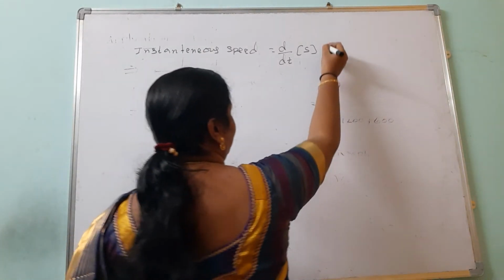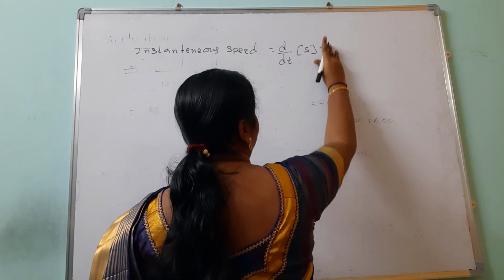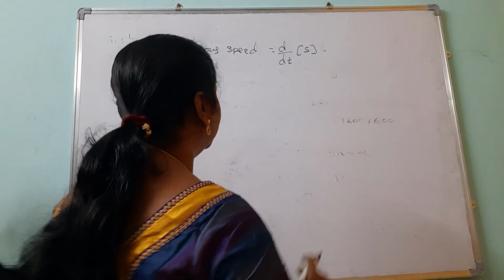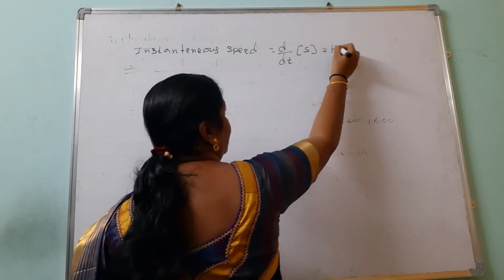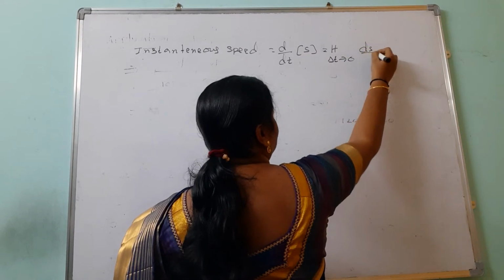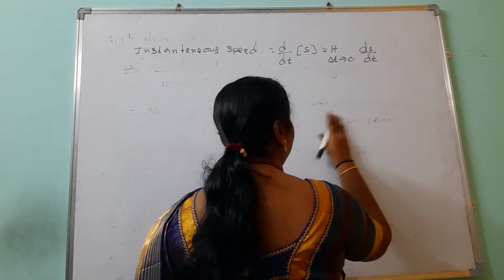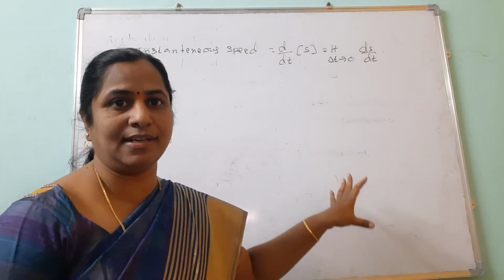It should be written in terms of differentiation. We should learn some differentiation formulas here. Limit delta t tends to 0, ds by dt. This is the formula for instantaneous speed.